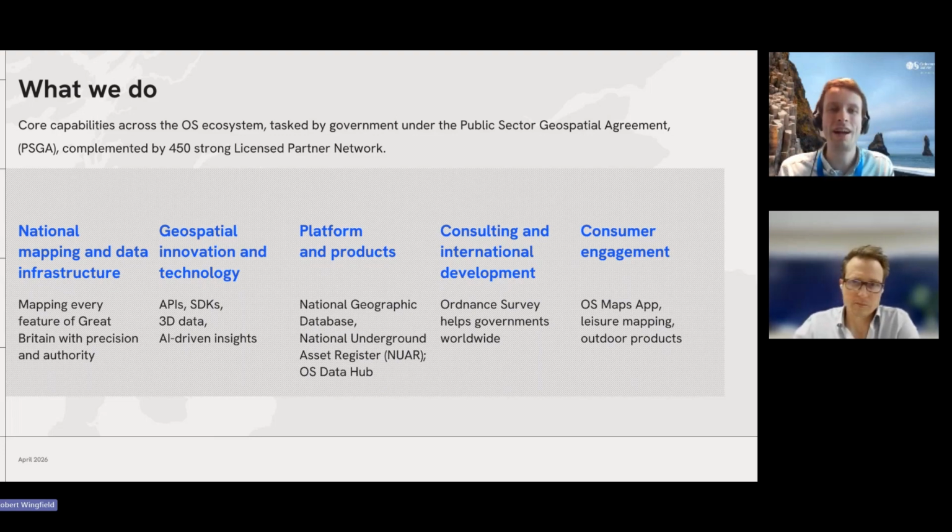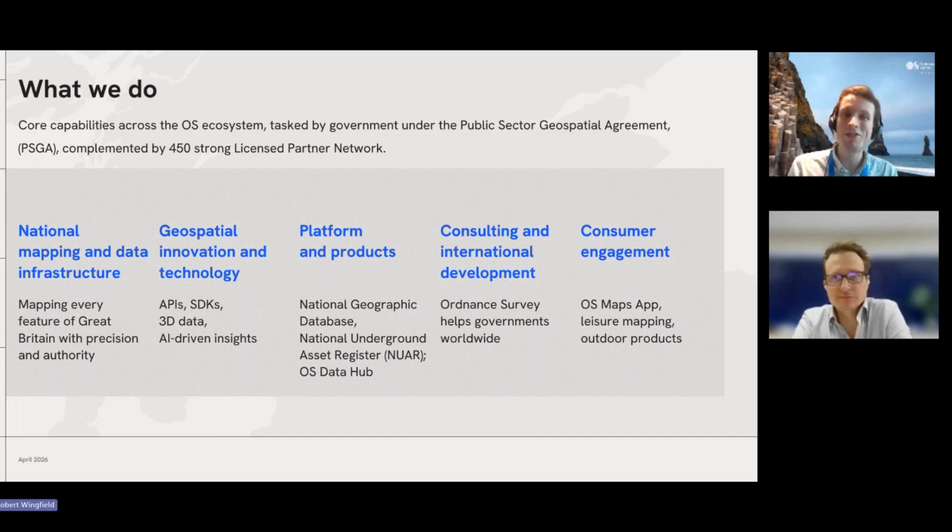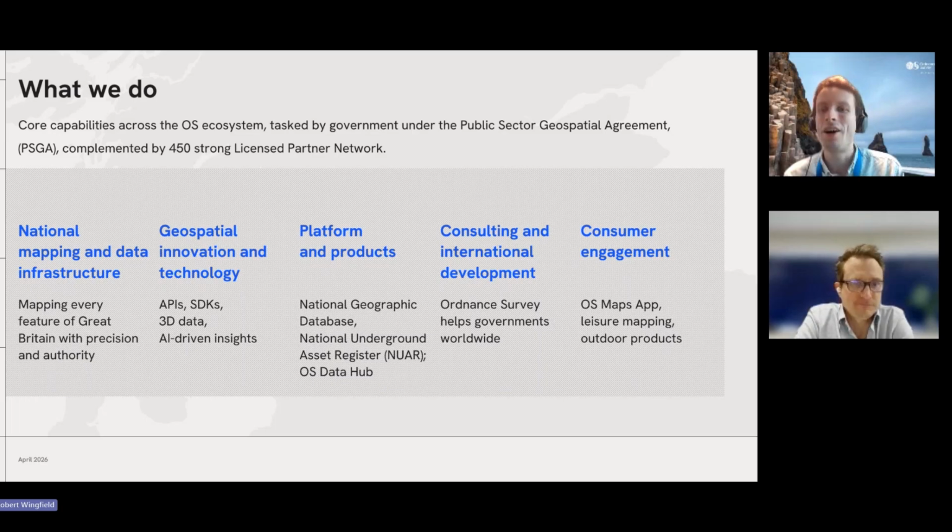And then the final bit on the right-hand side, in terms of what Ordnance Survey does, is the one that Andy mentioned initially, which is that consumer engagement. It is a very small proportion of the Ordnance Survey business, but it's still, of course, really important, and the one that OS is most well known for, with our OS Maps app, leisure mapping, and the services that we offer through our OS Map shop, available on the shop part of our website.